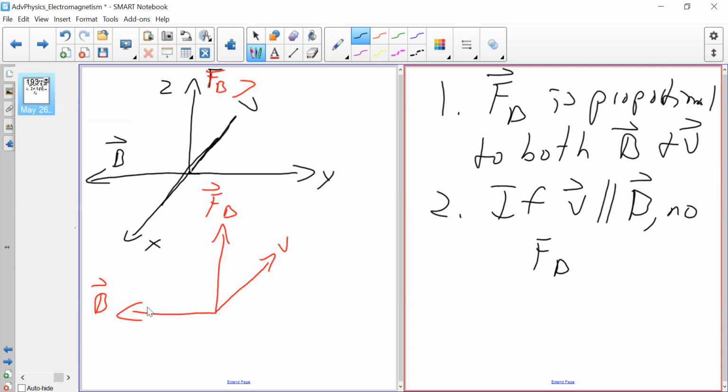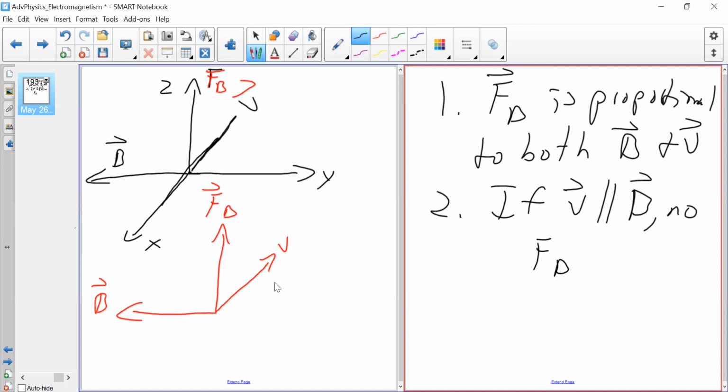So if you have these two vectors here, because what's happening here, we'll see the equation in a moment, is that these two vectors are going to cross. They're going to form a cross product, curl into each other. The velocity vector and the magnetic field vector will curl or be crossed into each other to form this magnetic force.